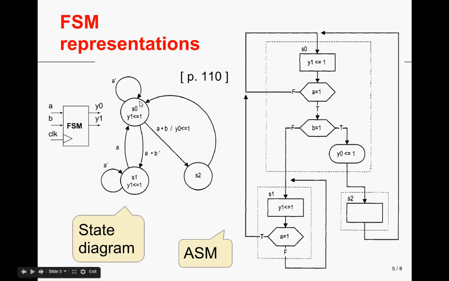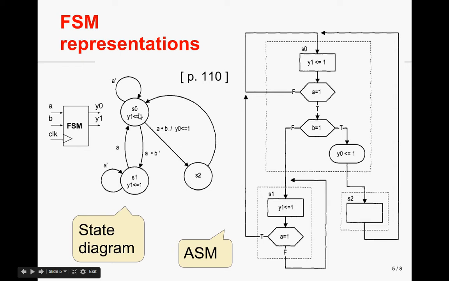Now these state transitions can be read as follows. If we are at state S0, then at the next rising edge of the clock, if input A is 0, then we go again to state S0. On the contrary, if A is 1, then we may go to state S1 if B is 0, or we will go into state S2 if B is 1.